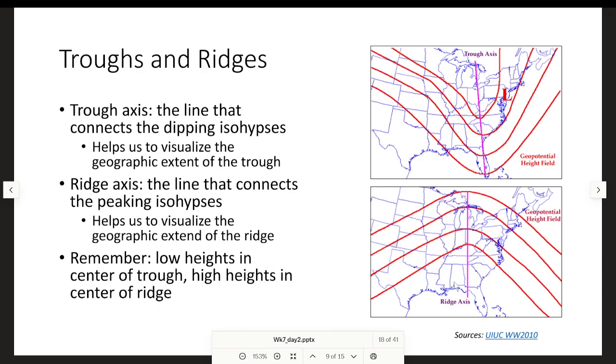Likewise, you can do it for a ridge: you find the local maxima and draw the line through all of them. This helps us see where the ridge is strongest. So low heights are in the center of the trough and high heights are in the center of the ridge. Just remember it's dipping down in the trough axis and then it's increasing in height in the ridge axis.